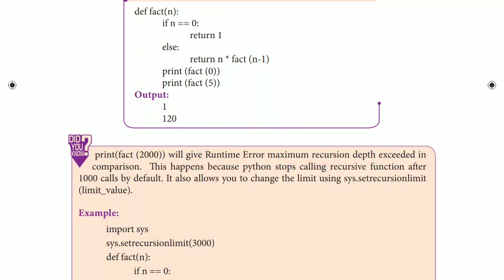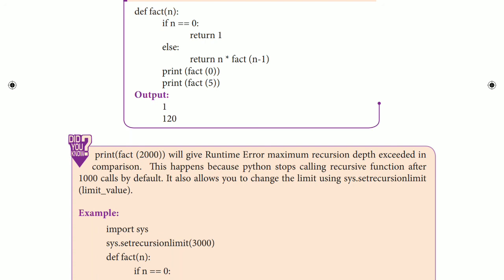You can see that print fact of 2000 will give you a runtime error: maximum recursion depth exceeded in comparison. This happens because Python stops calling a recursive function after 1000 calls by default.